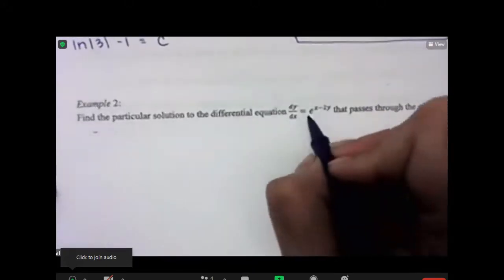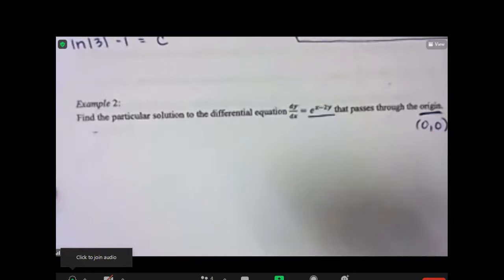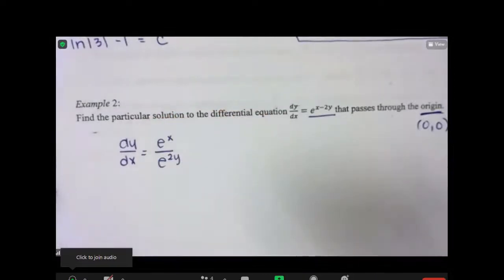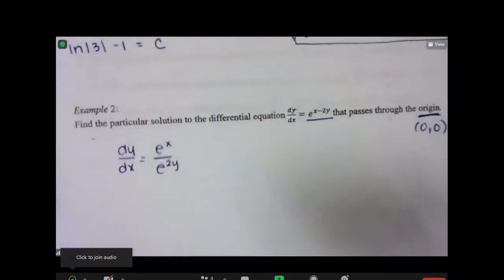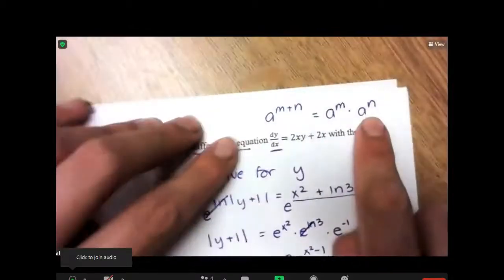So again, using our power laws that go with exponentials, this is really like saying dy dx equals e to the x over e to the 2y. Because the rule is similar to the a to the m plus n.